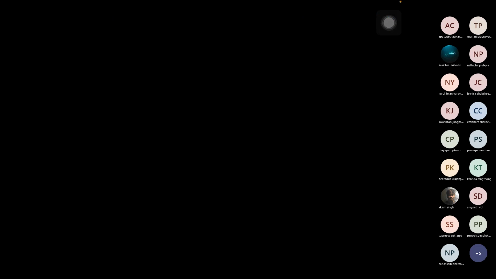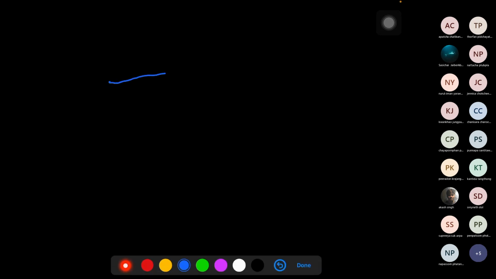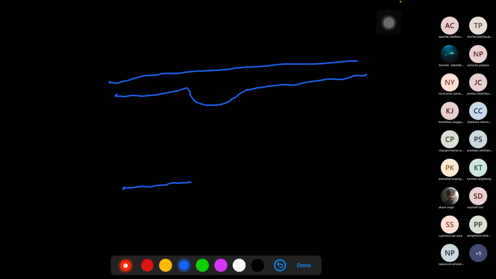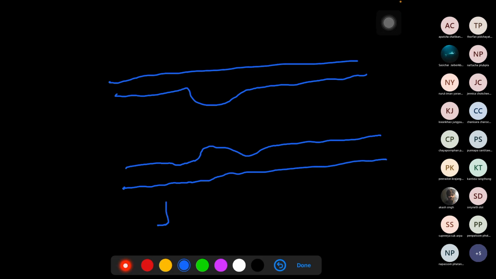Okay, when you cut the point with the M mode from the echo, okay, when you use the M mode to measure this one, ECG is shown here.